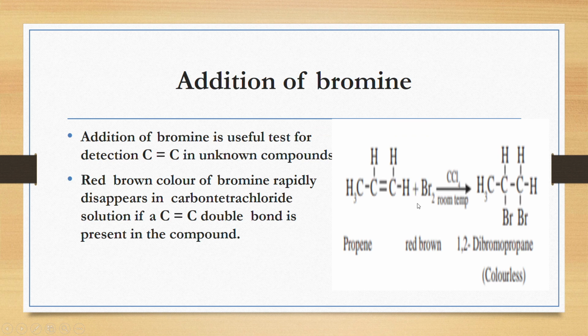On the reactant side, the solution was red-brown in color, but on the product side the solution is colorless. That means presence of double bond will make the color of bromine disappear, and that will indicate presence of double bond in the given unknown compound. So this is one of the tests to detect carbon-carbon double bond.